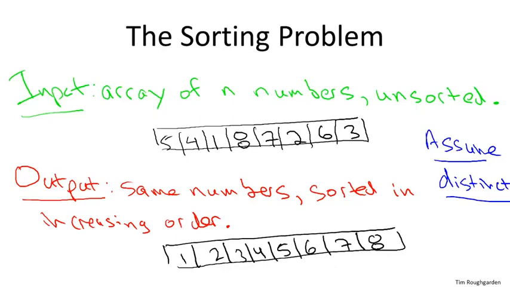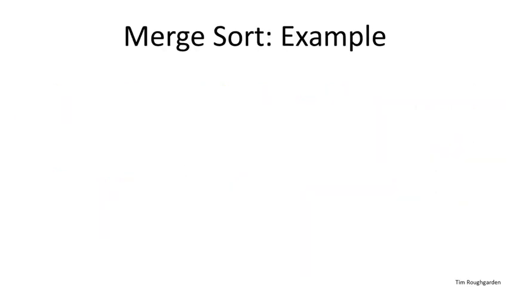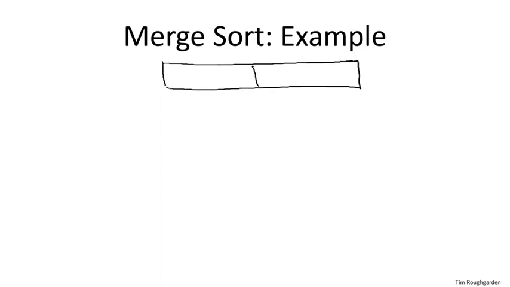Okay, so before I write down any pseudocode for merge sort, let me just show you how the algorithm works using a picture. And I think it'll be pretty clear what the code would be, even just given a single example. So let's go ahead and consider the same unsorted input array that we had on the previous slide. So the merge sort algorithm is a recursive algorithm, and again that means that it's a program which calls itself, and it calls itself on smaller subproblems of the same form.